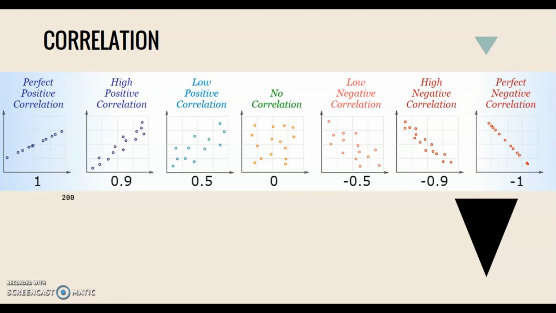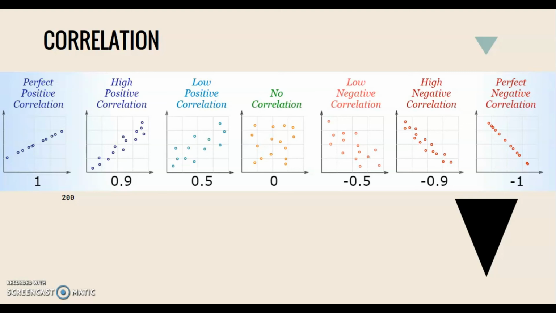And then we have also low negative correlation, so it's negative 0.5 to maybe negative 0.8. Unlike high positive correlation or the low positive correlation, here one of the values of the variable decreases.